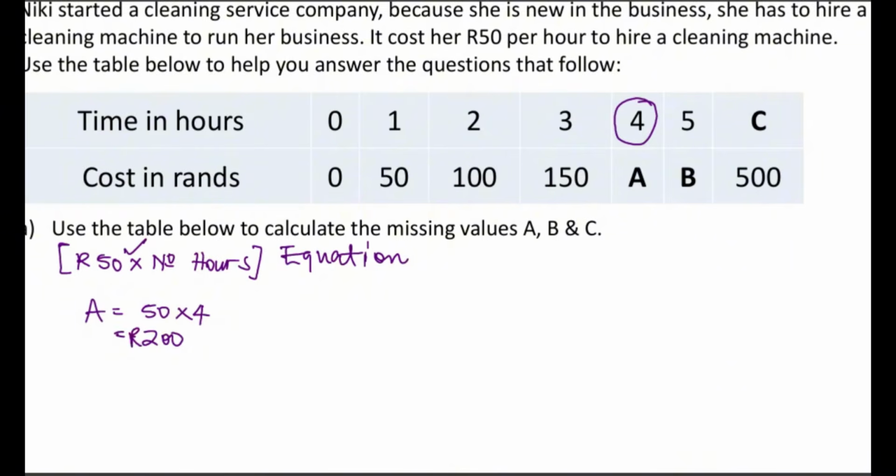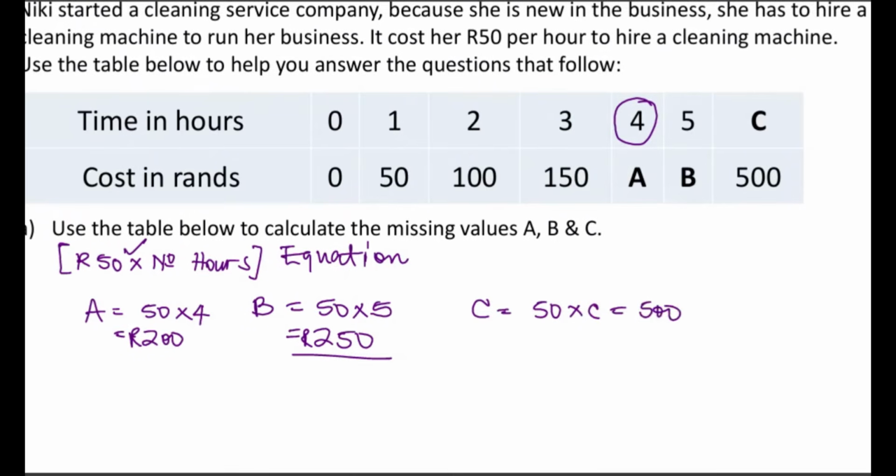So A is 200 rands. Then let's go to B. B will be 50 times 5, which becomes 250 rands. And now, value of C. Value of C we need to look for because it's 50 times C, giving 500. So what number was multiplied by 50 to give you 500?